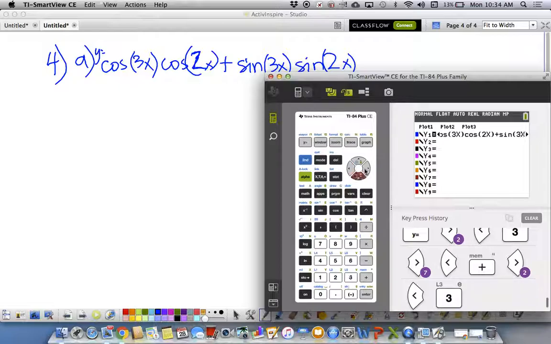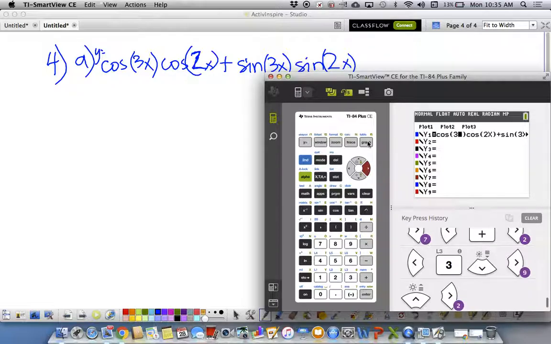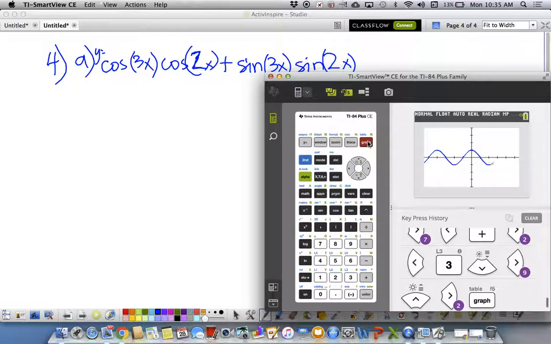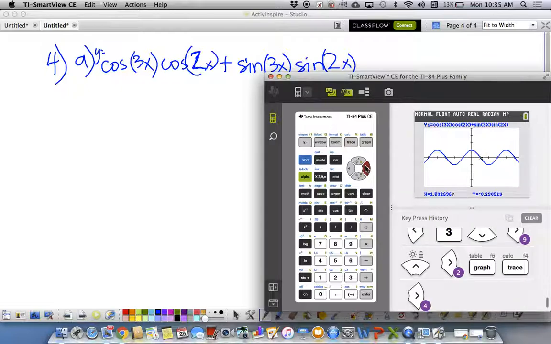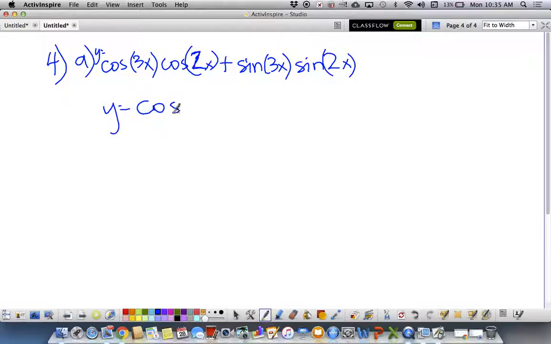So 3. And if you graph, what's the equation of that one? If you graphed 4a and I traced it, how many times does it repeat in 2 pi? Just normal cosine. 1 period is simply 2 pi. So that equation is y equals cosine x.